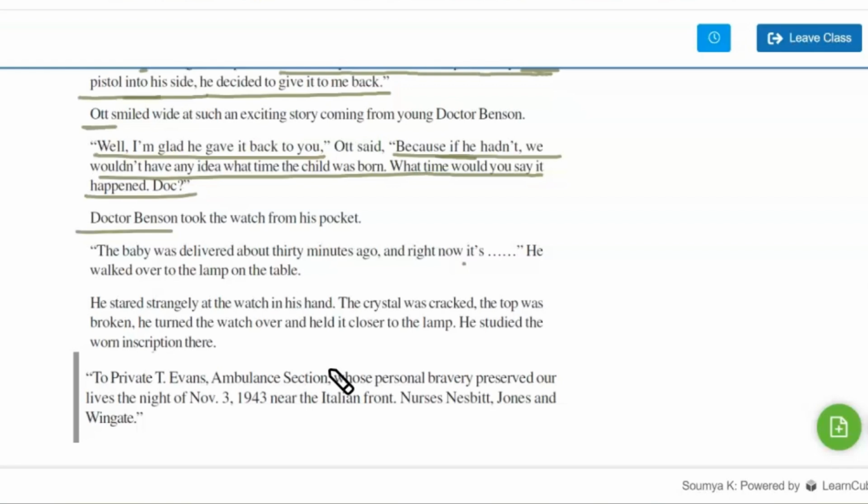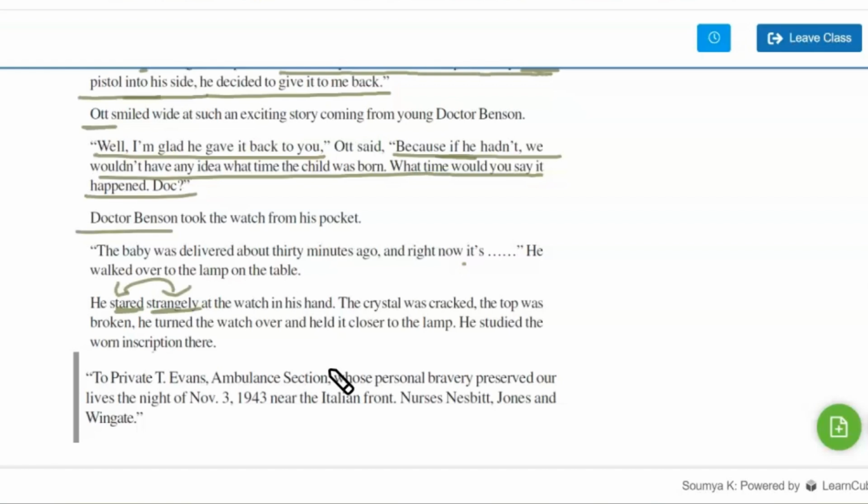So he walked over to the lamp on the table. He went near to the lamp. He stared strangely, both the words we have seen the meaning of, at his watch in his hand. So he just stares at his watch in a different way, and the crystal was cracked. The top was broken. He turned the watch over and held it closer to the lamp.